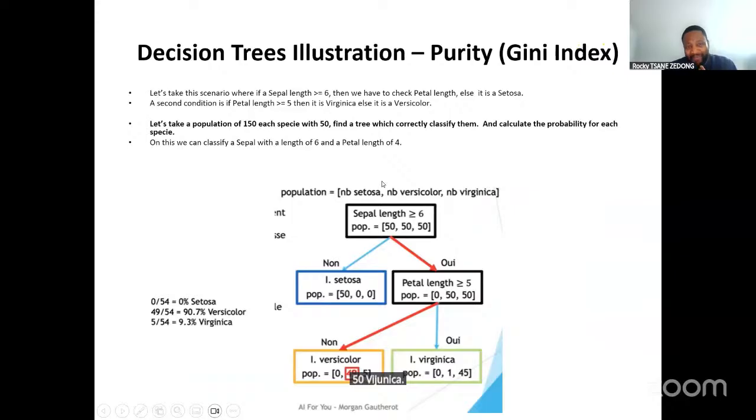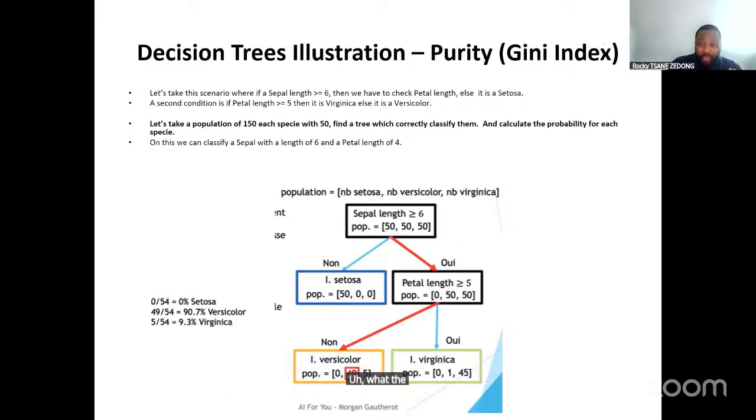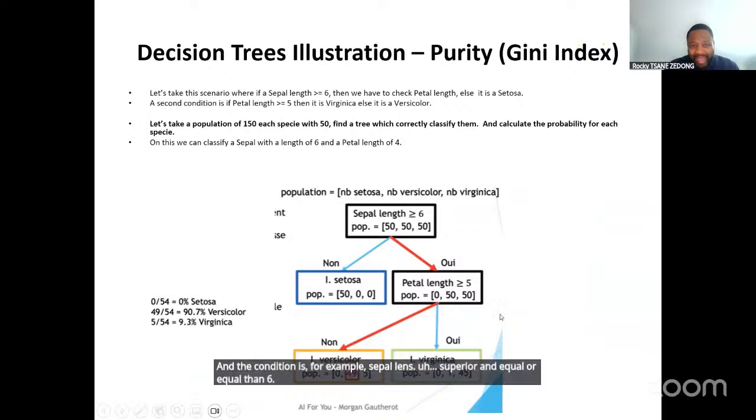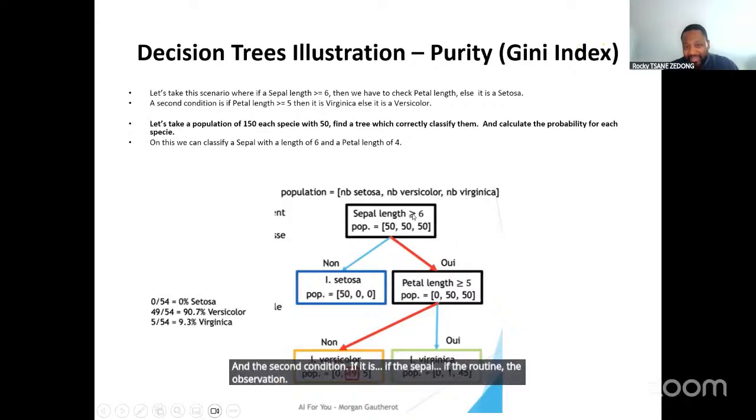We take the condition which gives us the best split. For example, the condition is sepal length superior or equal to 6.